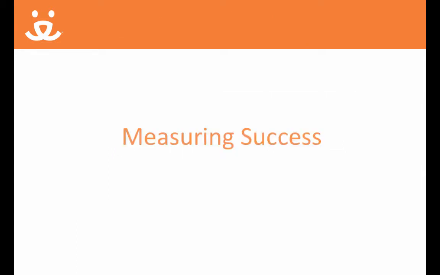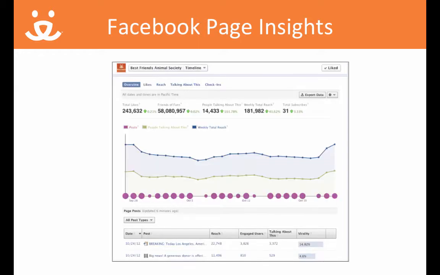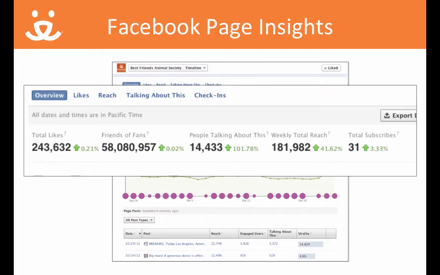And then measuring success. These are Facebook page insights, which as an admin you have access to. They're a very useful tool, and I highly recommend checking them out. You can look at your total likes, how many people are talking about your page, your weekly total reach, and it will tell you if you've gone up or down from the previous week, so you can kind of gauge how you're doing from that.